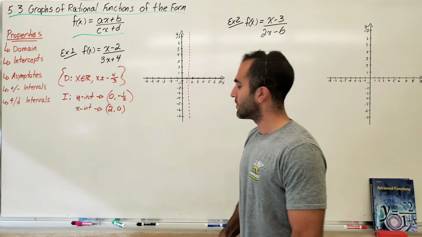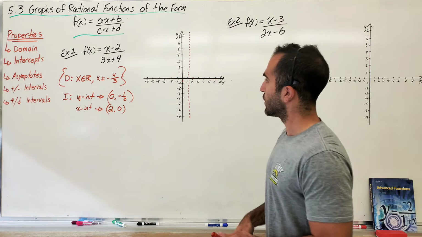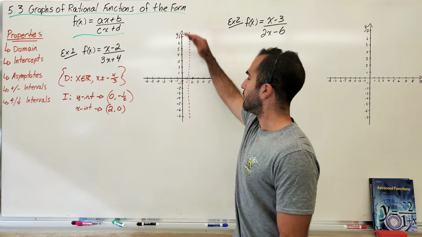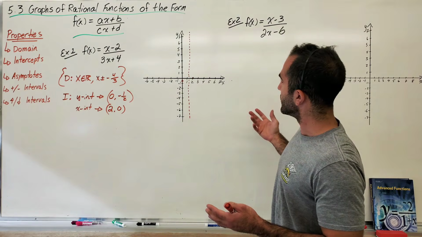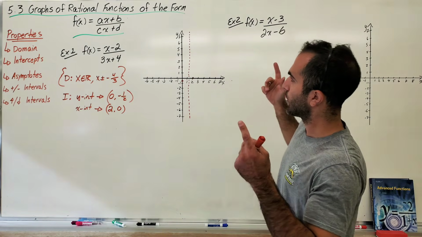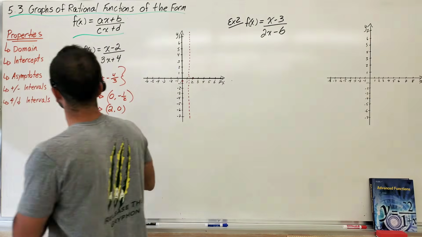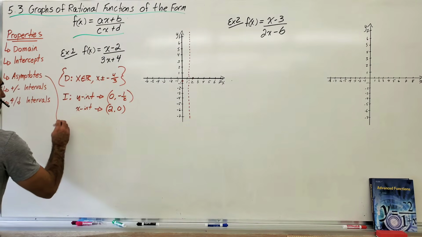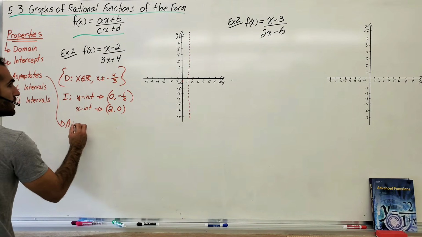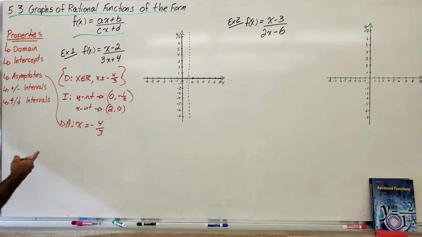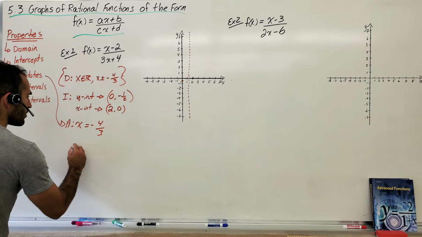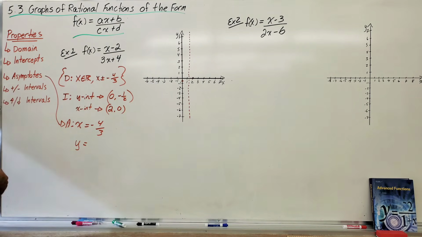Now, positive and negative intervals. Where am I graphing this function? Is it below the x-axis or above the x-axis? Just looking at these 2 points, I kind of have an idea on where it's going to be. Okay, oh, actually, sorry, we're missing one asymptote. So the asymptote is x equals negative 4 over 3. That's the dotted line, the equation of the dotted line. But we also need that horizontal asymptote. Where is my horizontal asymptote in this case?